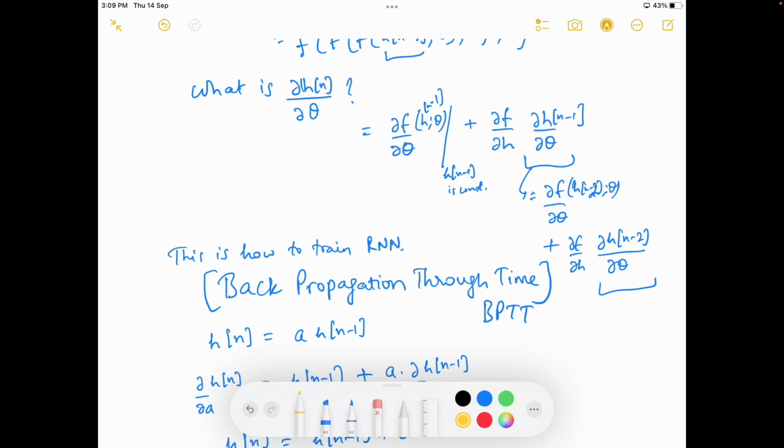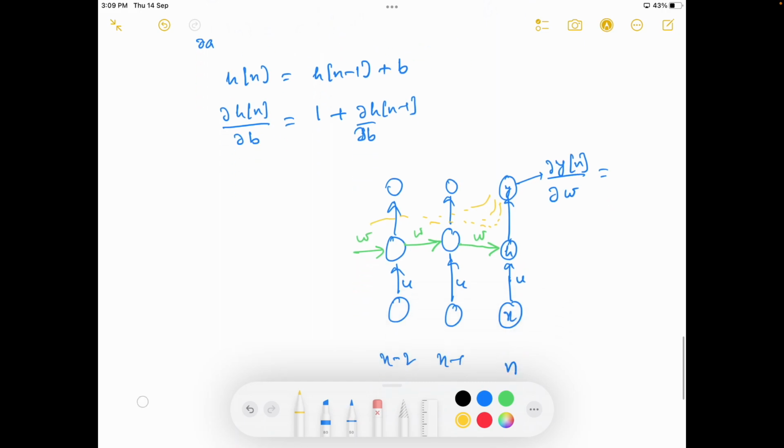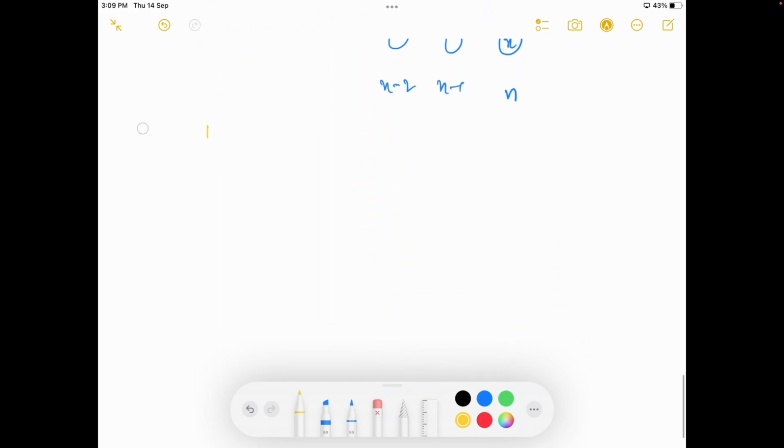Which means theoretically I can say that it has infinite dependence, but practically this dependence is exponentially decaying. So my dependence doesn't go very far. Can we do something to make my dependence really far? And that's how the concept of LSTM came about. That lets us use long short-term memory.